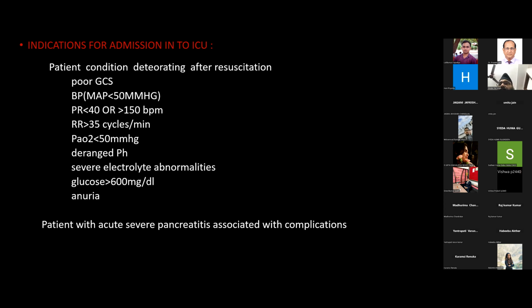If the patient's condition is deteriorated even after the initial resuscitation, like the patient is having poor GCS, or if still after the initial resuscitation the mean arterial pressure is less than 50 mmHg or pulse rate less than 40 or more than 150 per minute, if the patient is tachypneic, if the patient is hypoxic, PaO2 less than 50 mmHg, deranged pH and severe electrolyte abnormalities, if the patient is hyperglycemic, glucose more than 600 milligram per deciliter, or anuria, or if the patient has acute severe pancreatitis associated with complications. So these are the indications for admission of the patient into ICU.